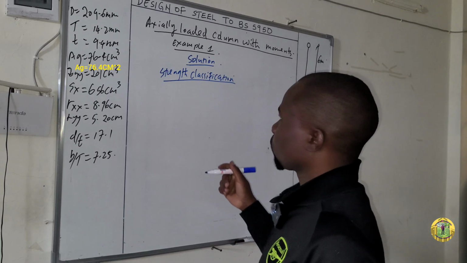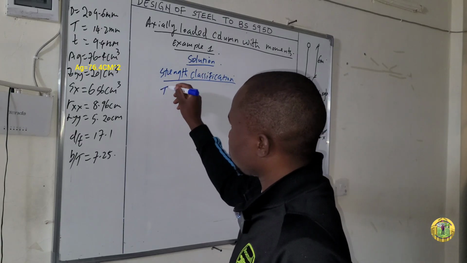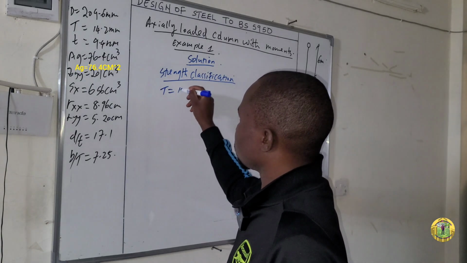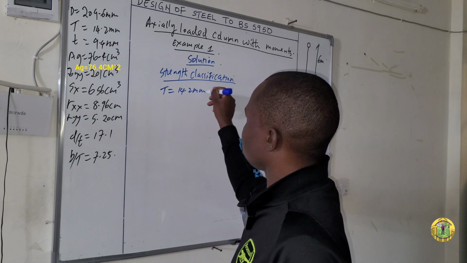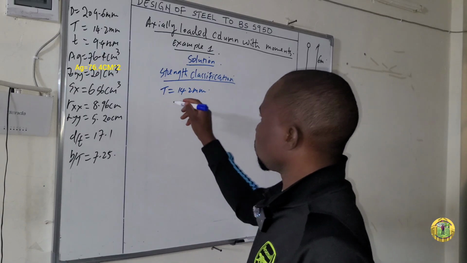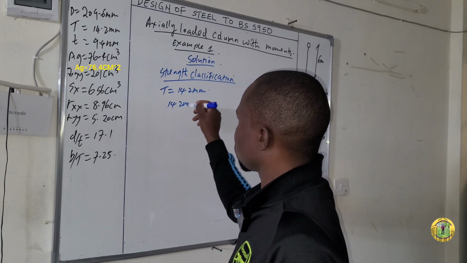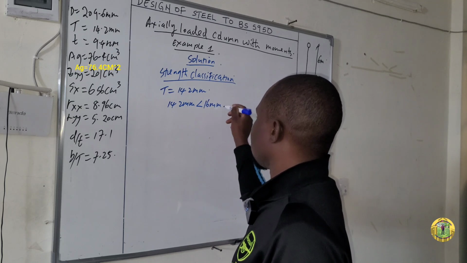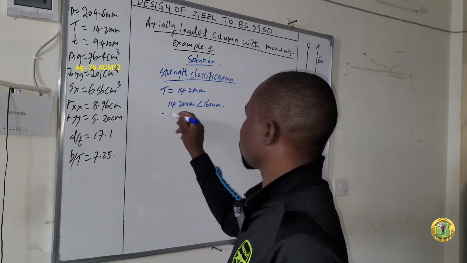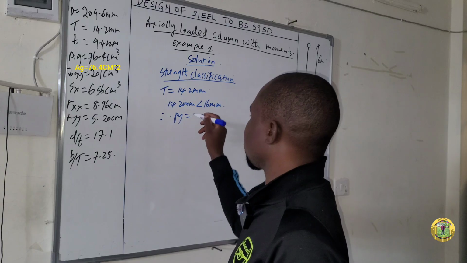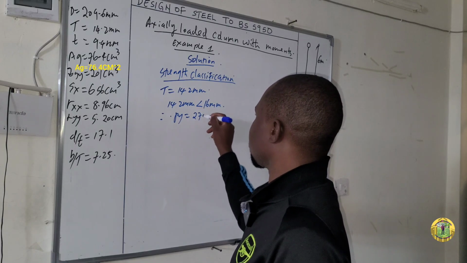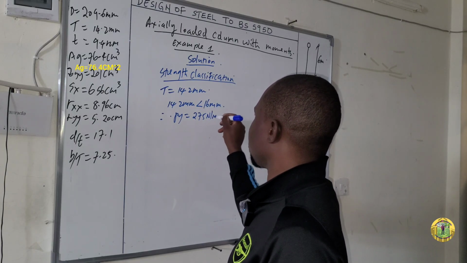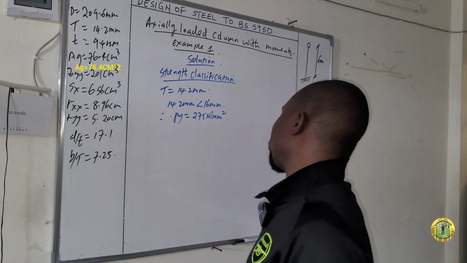So for strength classification, we always use capital T, which is 14.2 millimeter. So 14.2 is less than 16 millimeter. Therefore, Py is equal to 275 Newton per millimeter square.